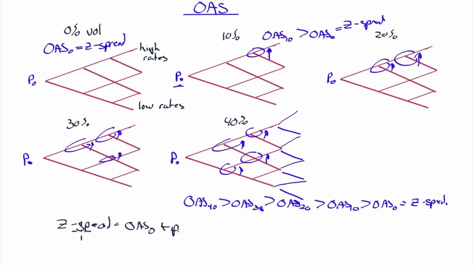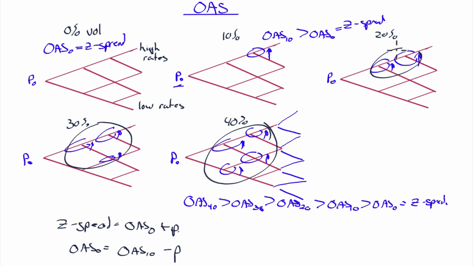You can also say, well, if the Z-spread equals OAS 0, then we could just say OAS 0 equals OAS 10 minus the put, because OAS 10 must be greater than OAS 0 by how much? The value of the put. So the big thing that I think most people were missing is the idea that this is what's happening with volatility.